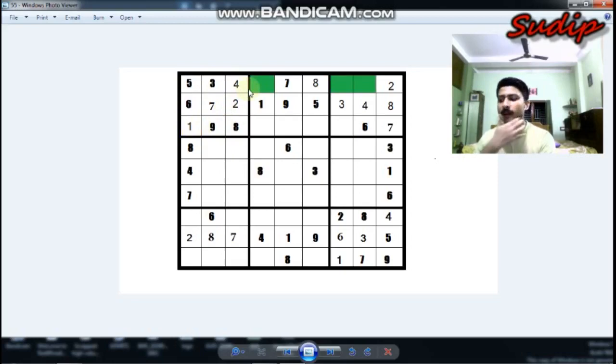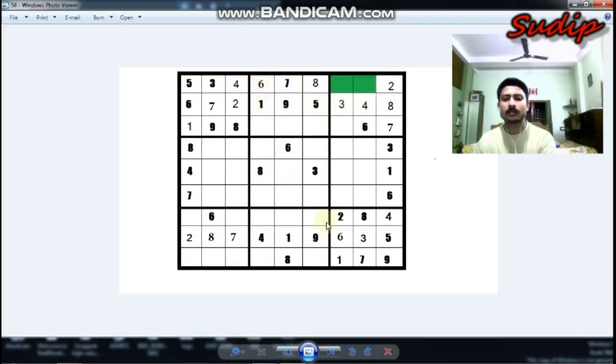Now there will be a 1 in this line. Sorry, there will be a 6 in this line, and these positions are filled with this 6, so the 6 will be here.